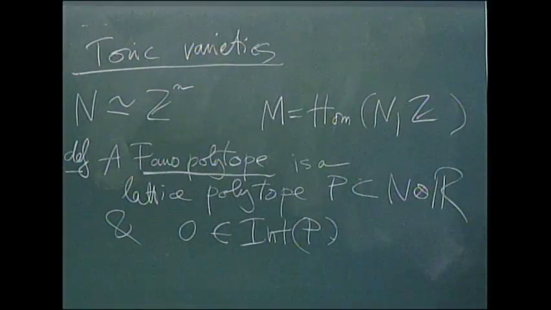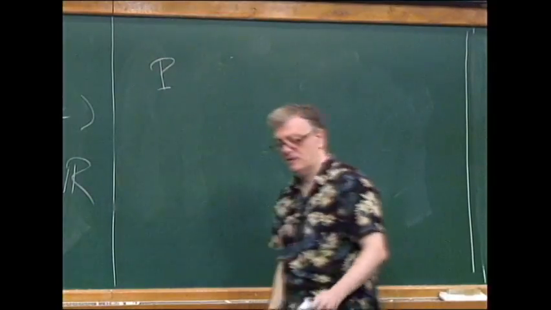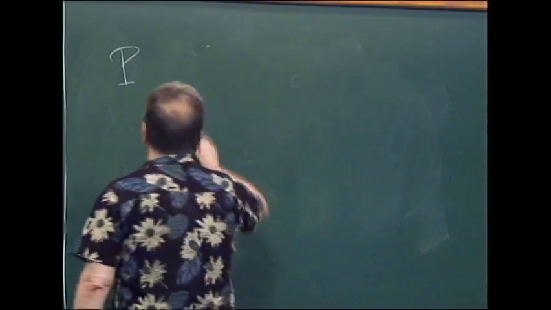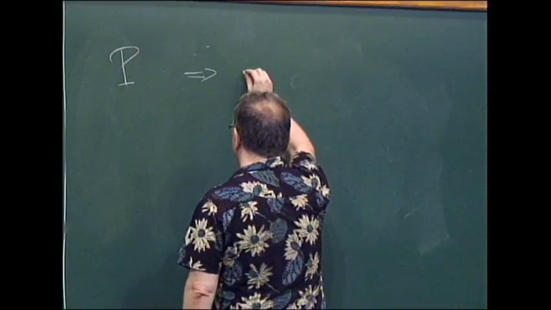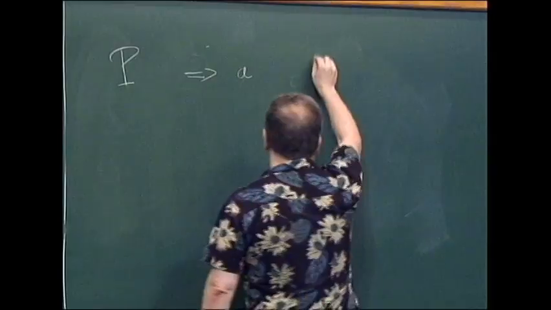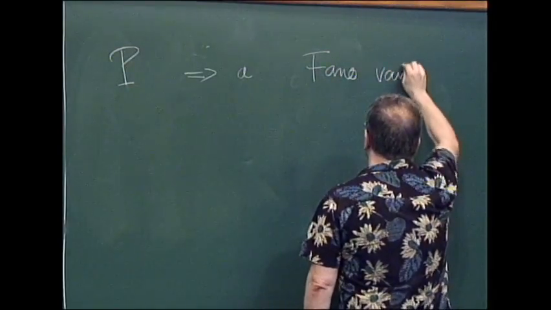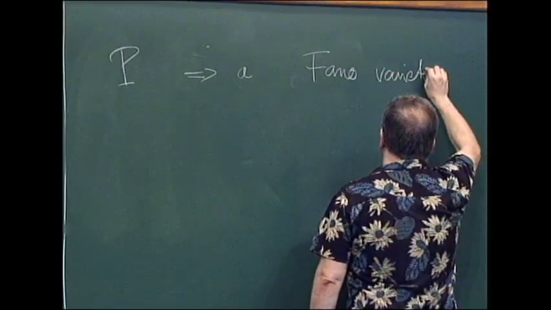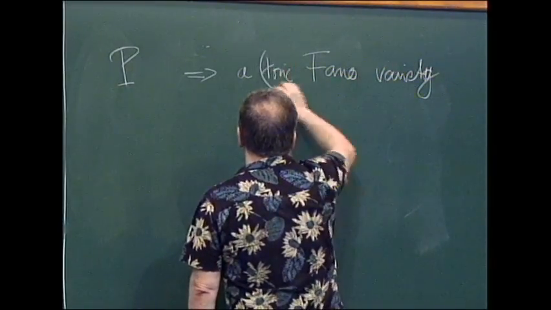And if I'm given a Fano polytope, then I can form out of it a Fano variety, a toric Fano variety.